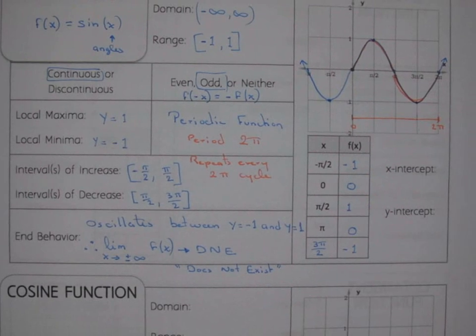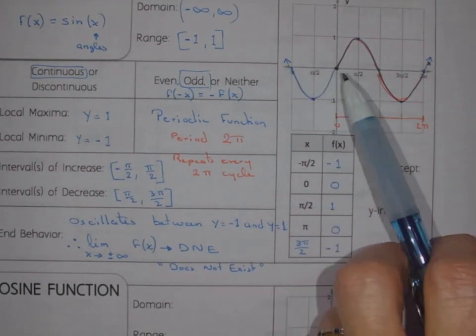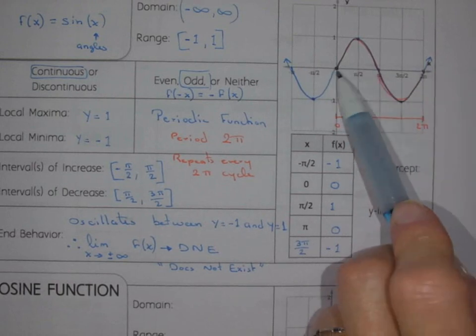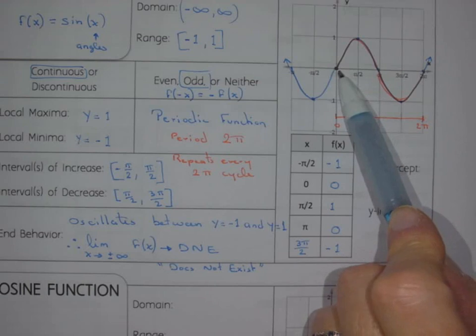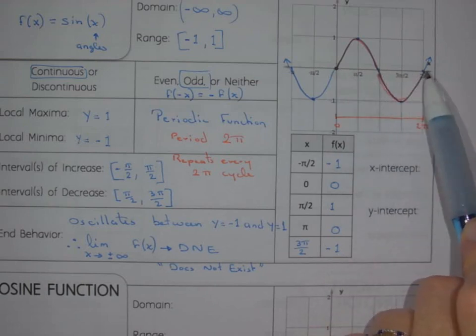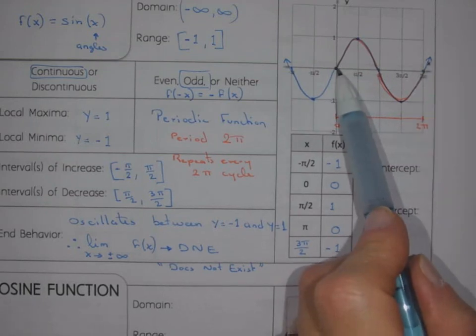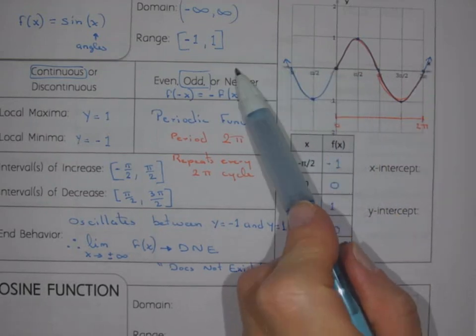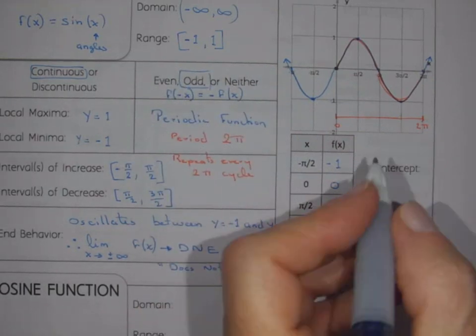All right, the x-intercept, well, we have a lot of them, right? A whole slew of them. And in fact, the first one is at 0, pi, 2 pi, 3 pi, 4 pi, 5 pi, 6 pi, and then the other way it will be 0, negative pi, negative 2 pi, negative 3 pi, negative 4 pi, etc. So those x-intercepts will be at all the integer multiples of pi.